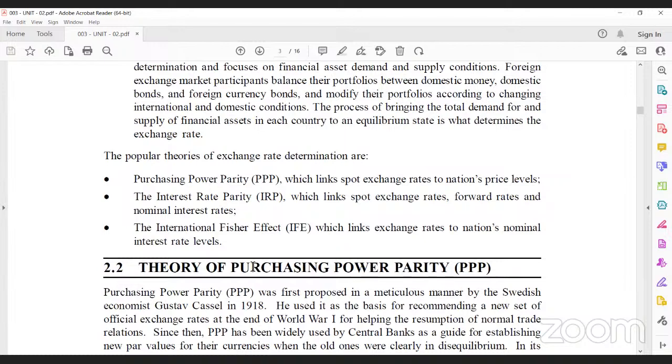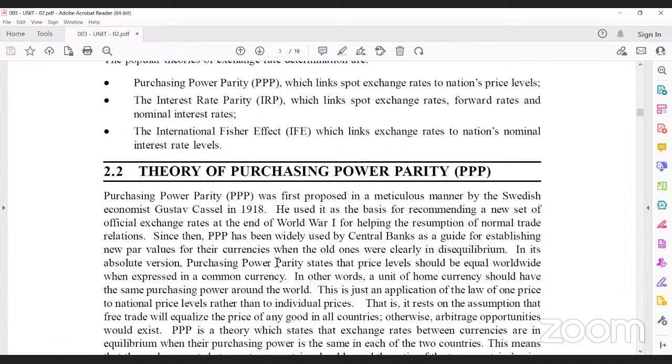Here, PPP, that's purchasing power parity, links spot exchange rates to nations' price levels. The next one is IRP, interest rate parity, which is linked to spot exchange rates, forward rates, and nominal interest rates. This is followed by the international Fisher effect, which links exchange rates to nations' nominal interest rate levels.